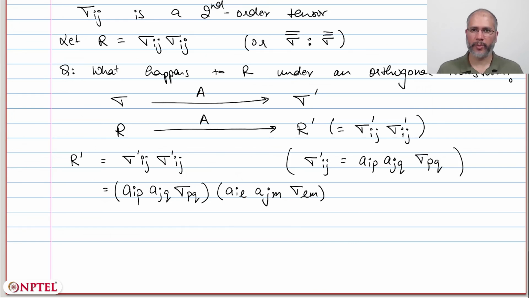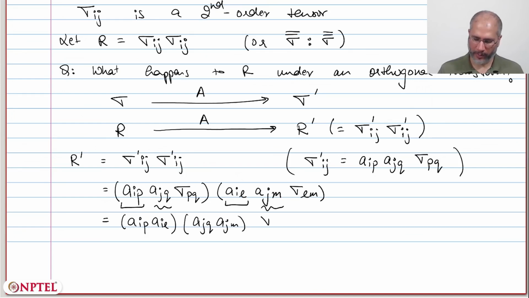So now I'll do some rearrangement of the terms. Now remember, I'll want to use the property of orthogonality of the transformation matrices. So here we have an AIP and the index I also appears in AIL. So I'll write them together. Then AJQ and AJM have the same index J. So I'll write them together.